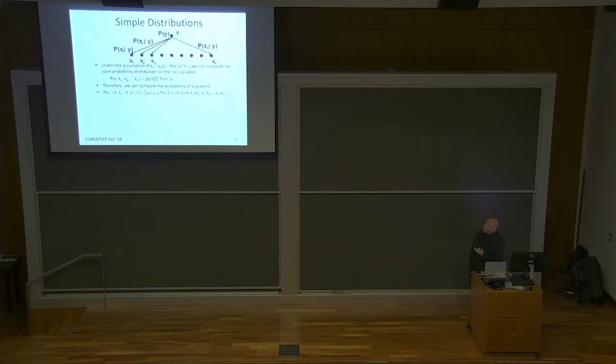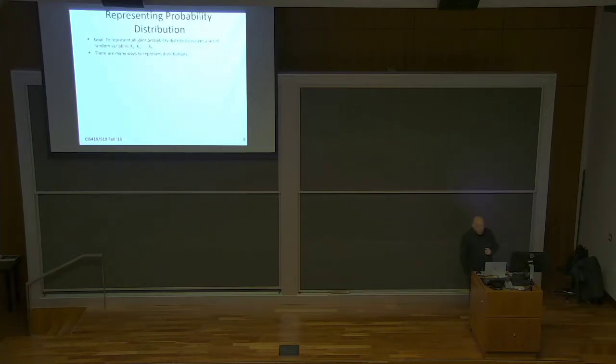The generic way to do it would be to marginalize, which is going to be a long sum over all variables I don't know the values of. But because of the assumption, I can write it in a much simpler way, this way. Okay, so these are all things that you know, and we talked about them at the end of last time. And today we want to generalize it to general probability distributions.